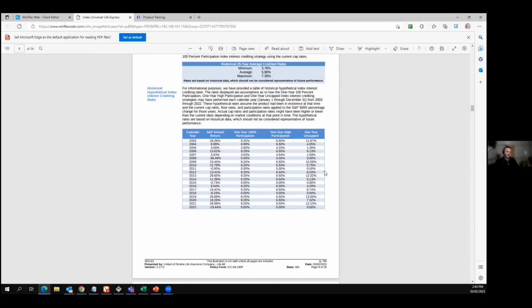Then we also do 20 years of returns to give an idea of what our returns are year to year. This is going to be somewhere around page 8, 9, or 10 of the illustration.